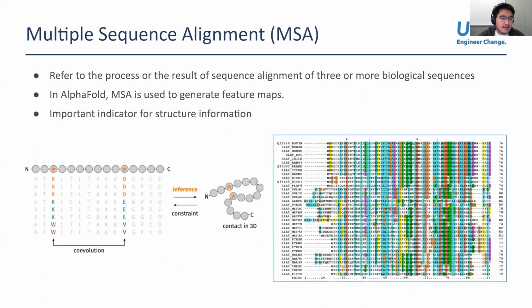So in this MSA module, which is still part of the input stage, they search for similar sequences and return the top similar sequences that might be close or have a large overlap of similar segments in the protein sequence. So it's more like searching for similar sequences out of the known protein base.